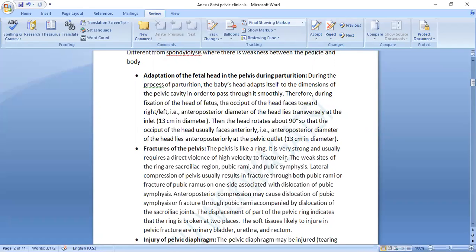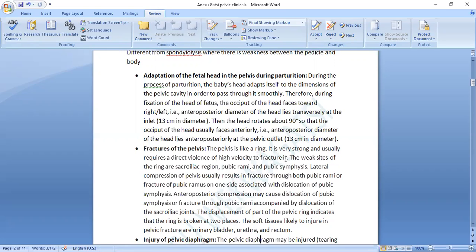So the weaker regions would be the sacroiliac region and the pubic symphysis that is anterior, taking into consideration that the anterior wall is rather shallow, and the pubic symphysis forming part of it is a secondary cartilaginous joint that is lined by hyaline cartilage and has a fibrocartilaginous disc within it, allowing little or no movement, but being relaxed by the hormone relaxin that we talked about earlier on.